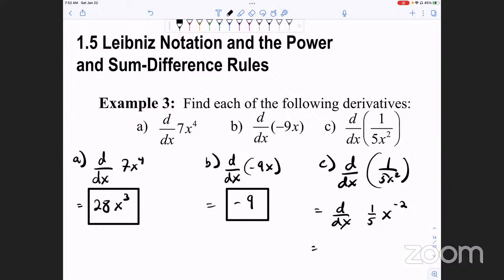The derivative of x to the negative 2: the negative 2 comes down, and we have negative 2/5 x to the negative 3, because you subtract 1 from the exponent.